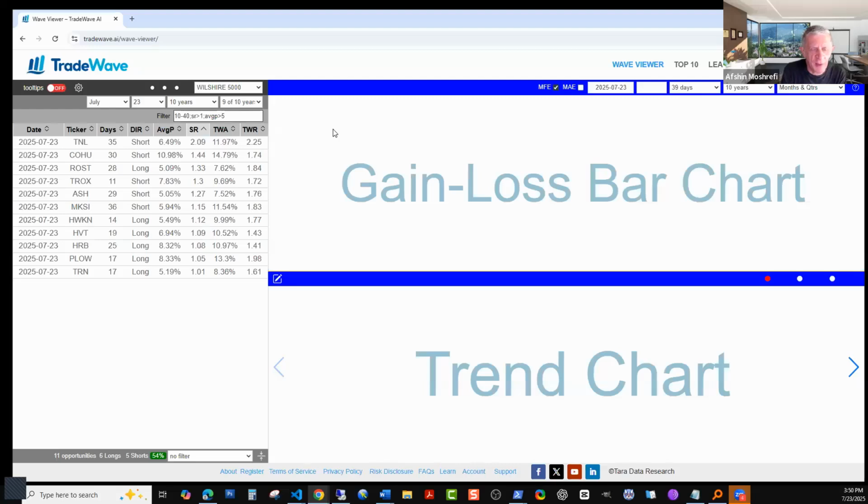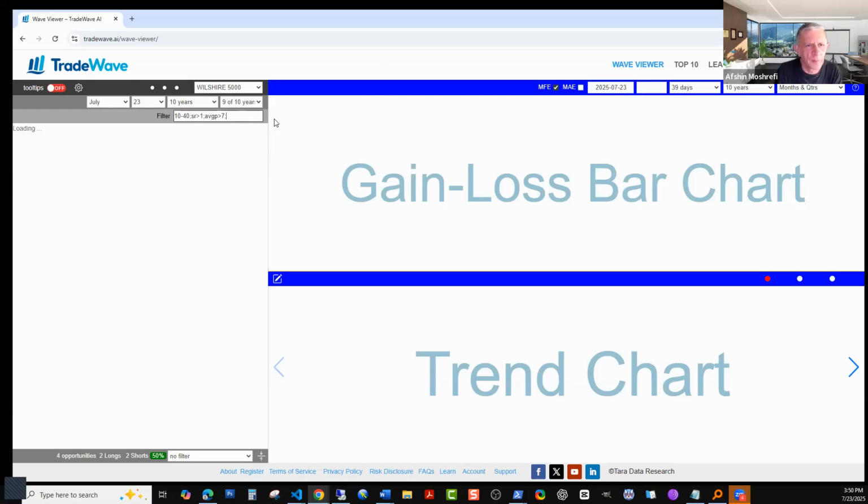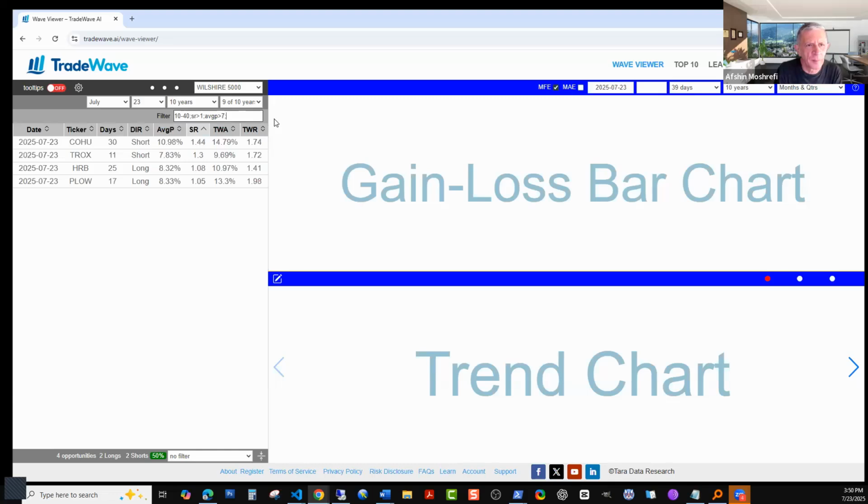See, now we're down to 11 opportunities, or 6. When I do 7, we only have 4 opportunities. So that's how I filtered this list on the left.